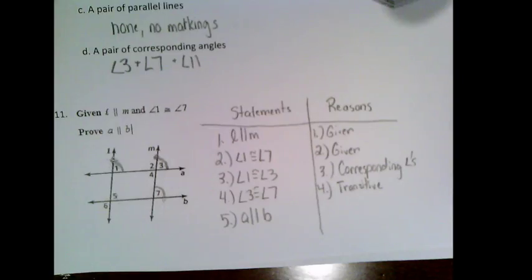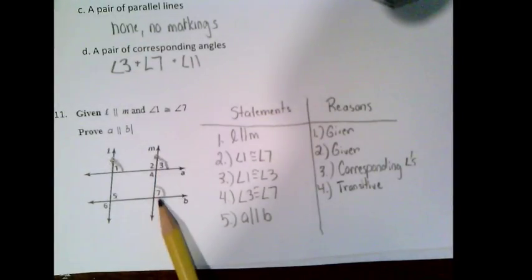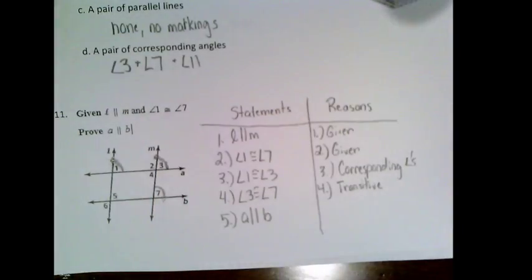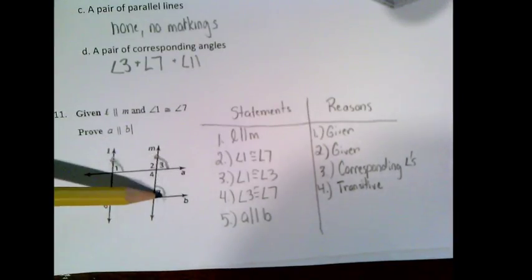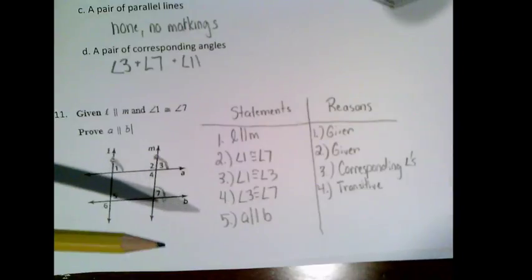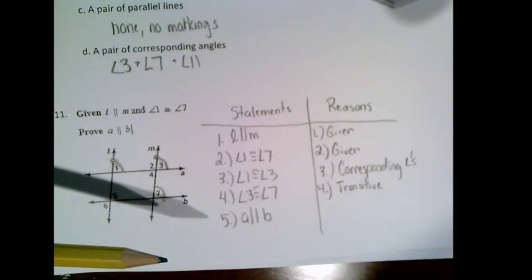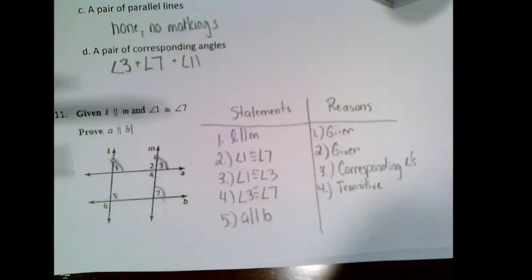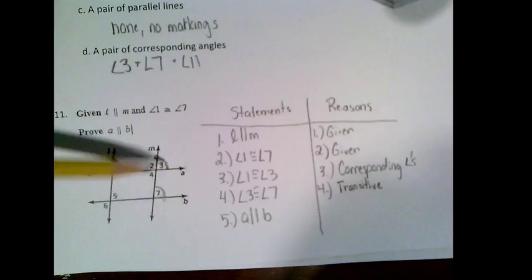I know that A is parallel to B because of, and this is kind of important to understand, if corresponding angles are congruent, then the lines are parallel. So there's 2 ways to say it. If these lines are parallel, then their angles are congruent.